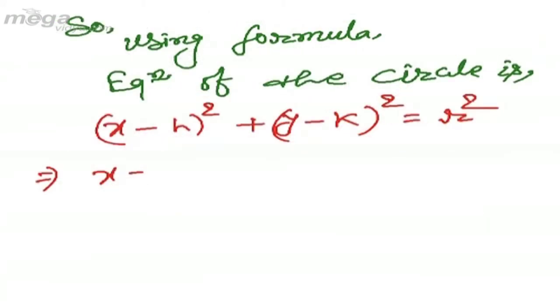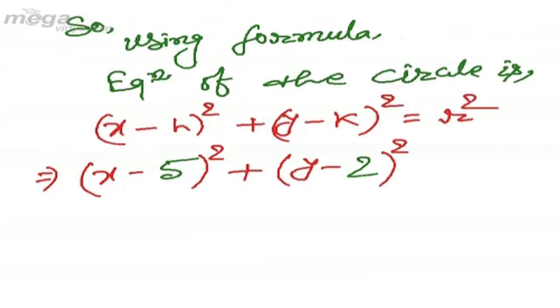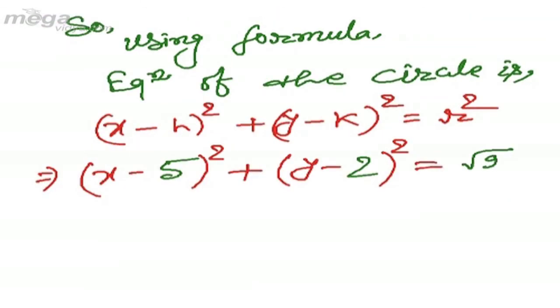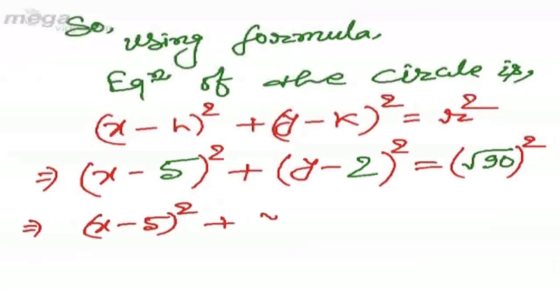So it becomes (x minus 5) whole square plus (y minus 2) whole square is equal to r square, and r is root 90. So it becomes root 90 whole square. So finally it becomes (x minus 5) whole square plus (y minus 2) whole square is equal to 90.